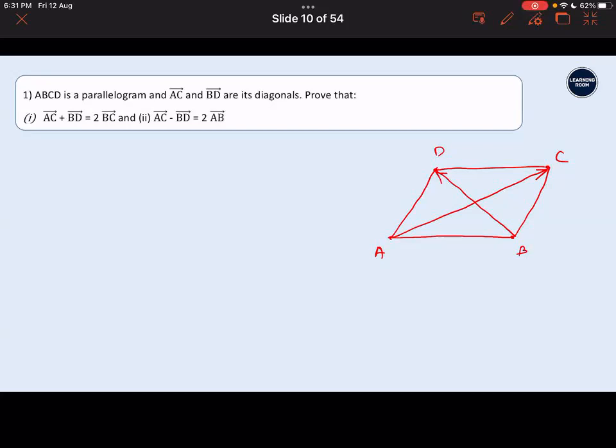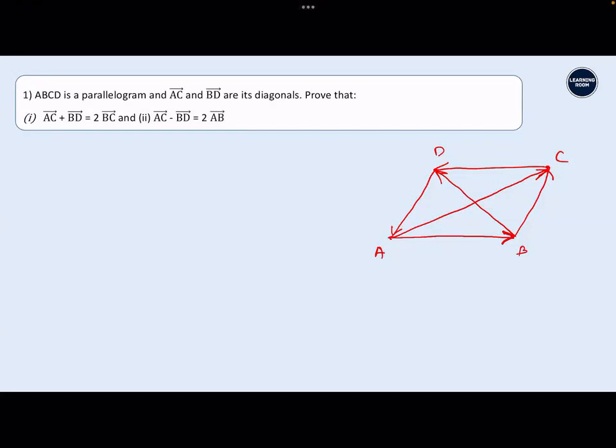Now I can take this as AB vector and this is BC vector, this is CD vector and this is AD vector. Sorry, DA vector. Right? For that, what I will do is, I need to prove AC vector plus BD vector is 2 times BC vector. So how do we do this?